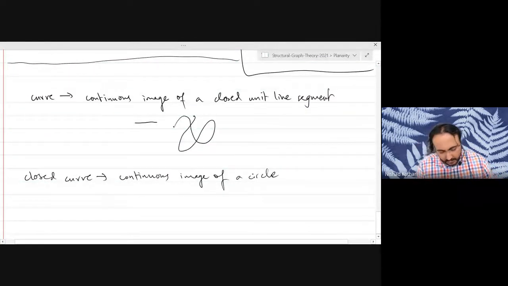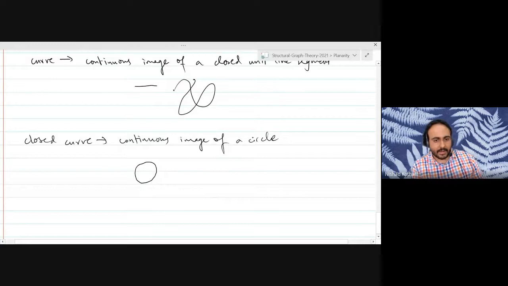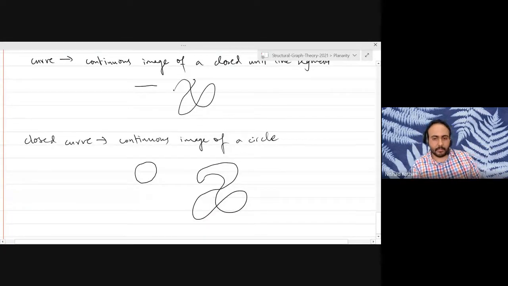So the difference between the unit line segment and the circle is that it starts and ends at the same point. And so in that sense, the image would be something that starts and ends at the same point.